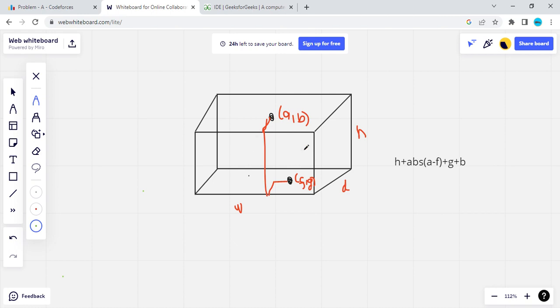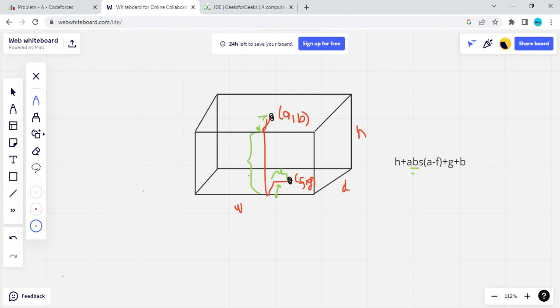So here h represents this part of the wire, and the absolute of f minus a represents this part of the wire, and g represents this part, and b represents this part. So this is the length of one possible wire. But it cannot always be the minimum.